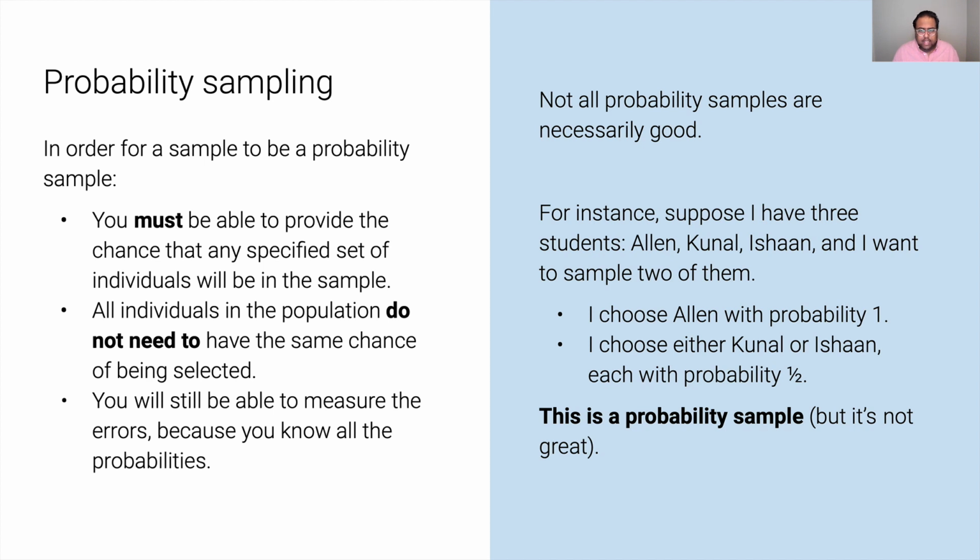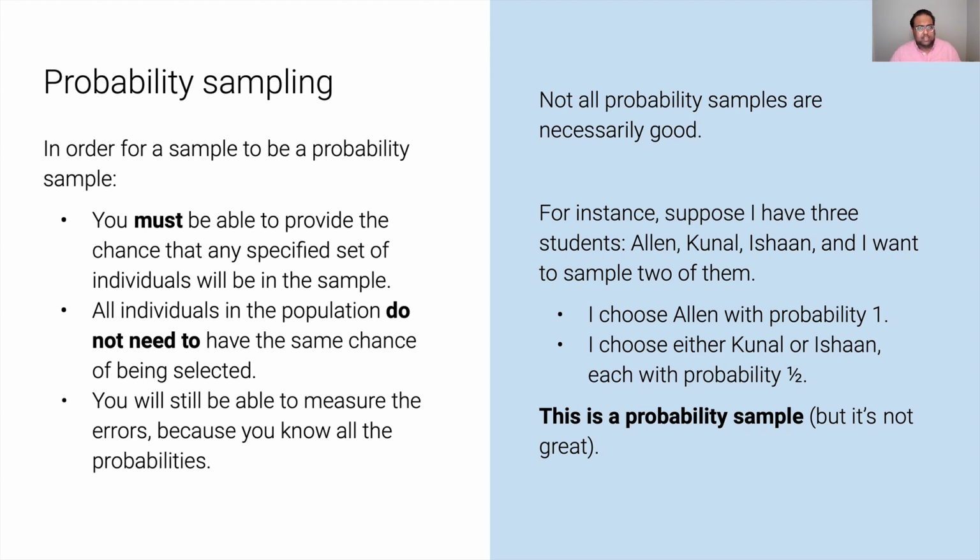Now, before we look at some useful forms of probability samples, I wanted to note that not all probability samples are necessarily good. For instance, suppose I have 3 students, Alan, Kunal, and Ishan, and I want to sample 2 of them. A valid probability sample would be to choose Alan with probability 1 and choose either Kunal or Ishan, each with probability 1/2.